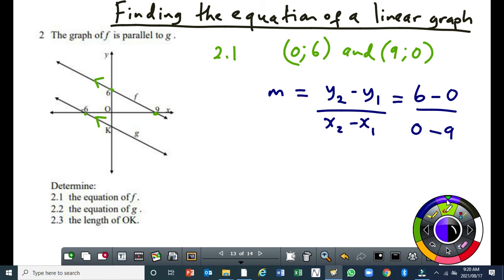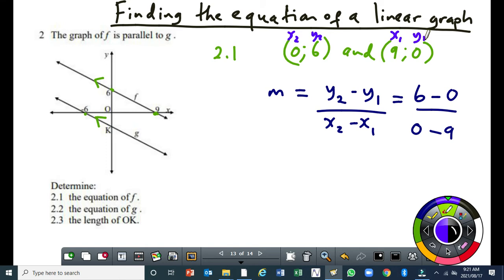This is my x2 and that's my y2. This is my x1 and that's my y1. It is your choice. You are the one who has to decide which point you're going to have as your x1 and y1, x2 and y2.